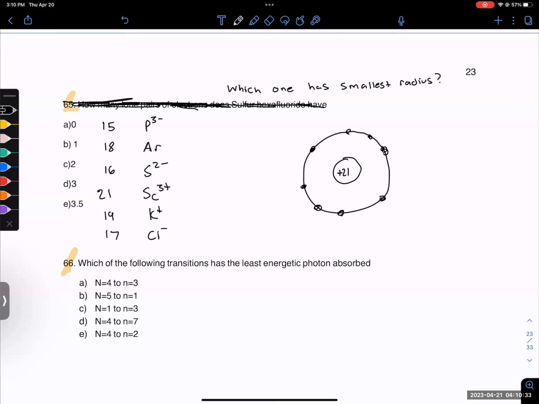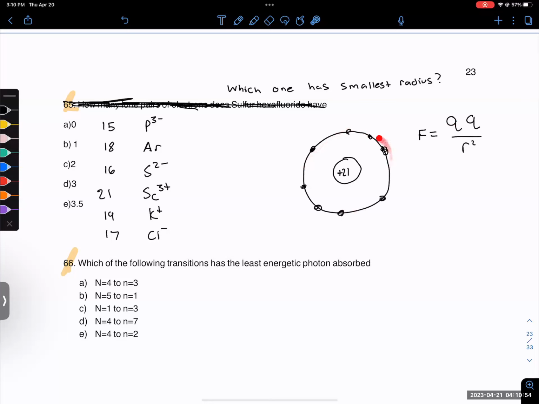And do we all know about Coulombic attraction? Basically, there's this equation that says the electric force is proportional to the charges. And we know that the bigger the charge, the stronger the force.